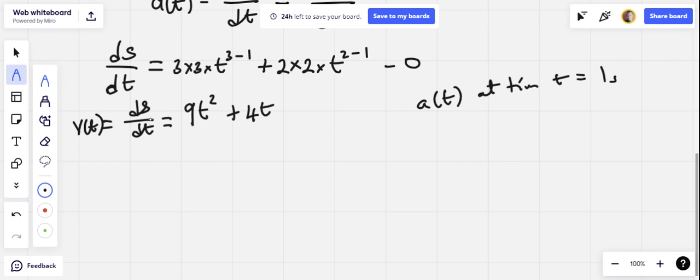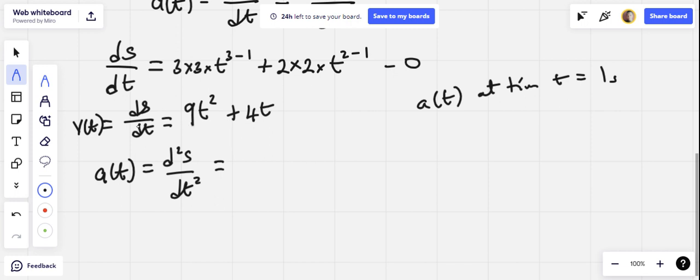So for us to get acceleration, you differentiate this again. That's d squared s over dt squared, where you now differentiate the velocity, since instantaneous acceleration is dv/dt, and the expression for v is 9t squared plus 4t.